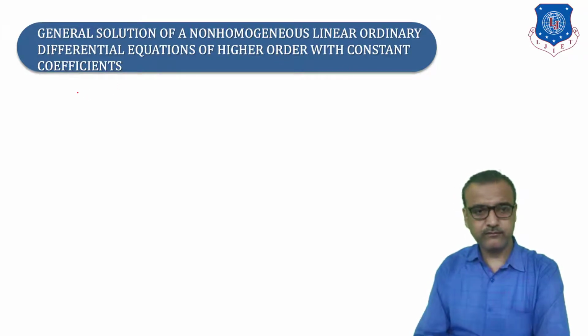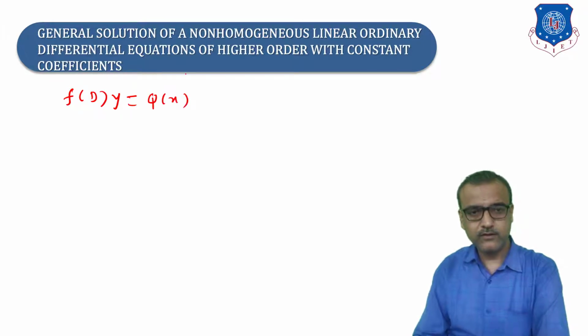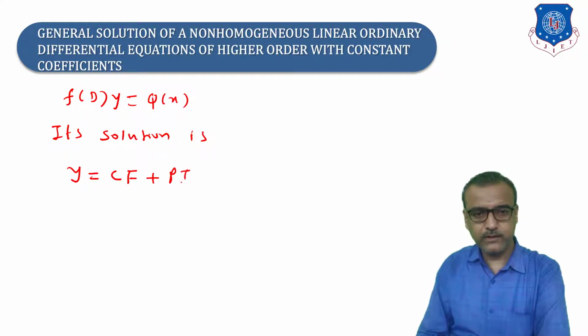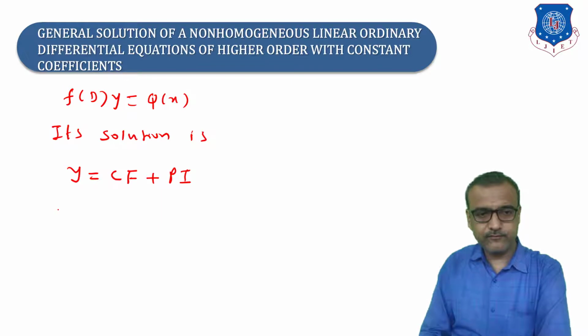If we are given a differential equation like this, f of D y equals Q of x, its solution is y equals CF plus PI. Now what is CF? CF is the complementary function.